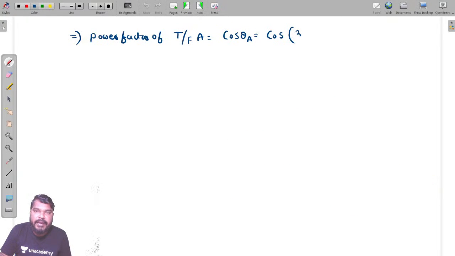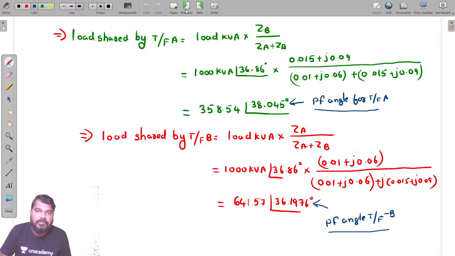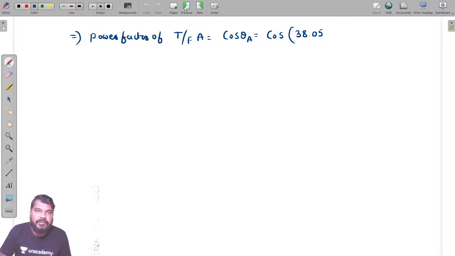It is 38.045. So now simplify this equation.